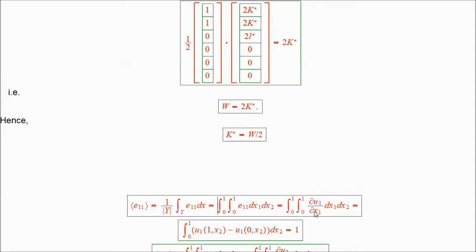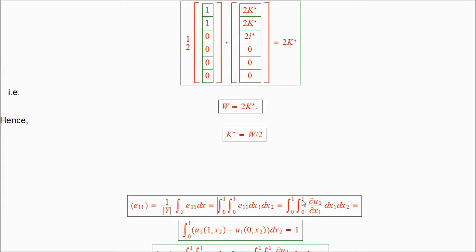When we are taking the integral of this partial derivative, it's very simple, because in order to calculate this, we just find the antiderivative of this integrand. And the antiderivative of this with respect to the variable x1 is just equal to the displacement u1 itself. So we just insert the values 0 and 1 and subtract these two values like this.